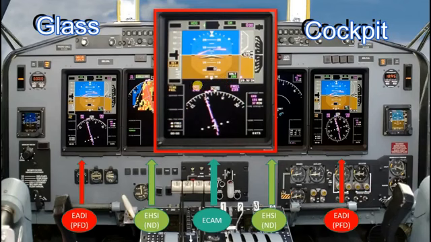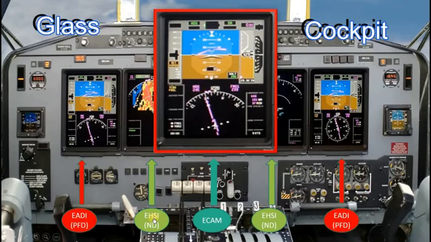At the same time, the aircraft's height, vertical speed indication, airspeed indication and directions, each and everything is available in this display. So this is the primary flight display which gives the primary flying information to the pilot.